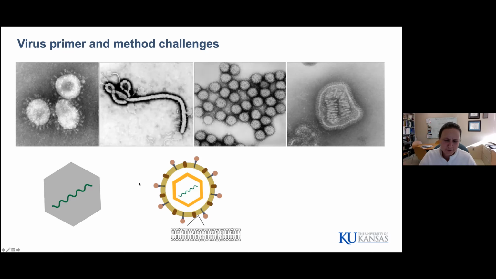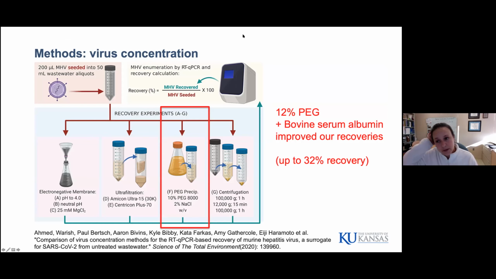They're incredibly diverse when it comes to their genetic code. Some have DNA, some have RNA, some have envelopes, some don't. Someone like me, an academic, could make a career studying these things. I look forward to going back to wastewater treatment at some point.